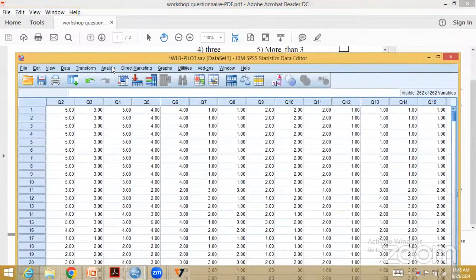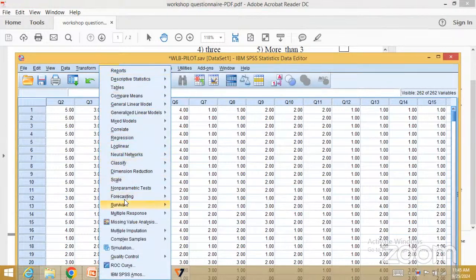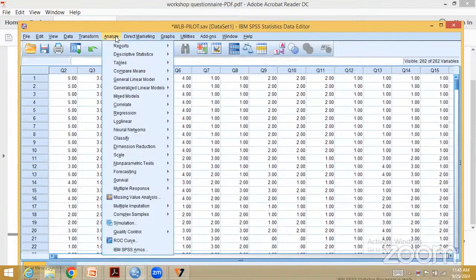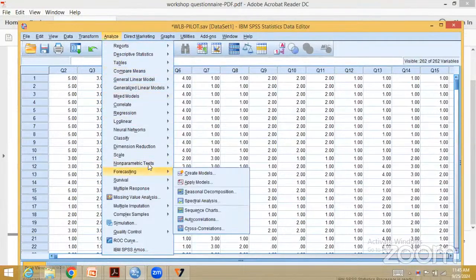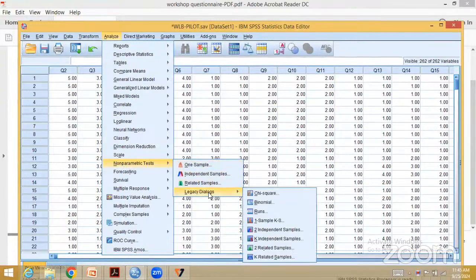How to analyze it? Analyze, non-parametric, legacy dialogue, K related samples.